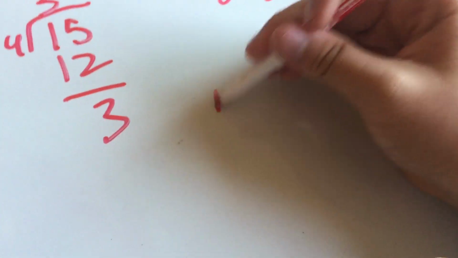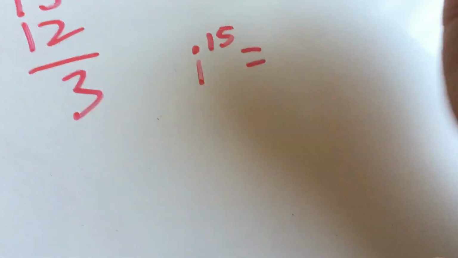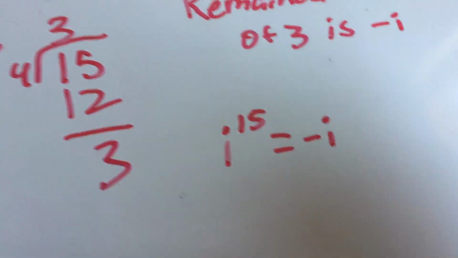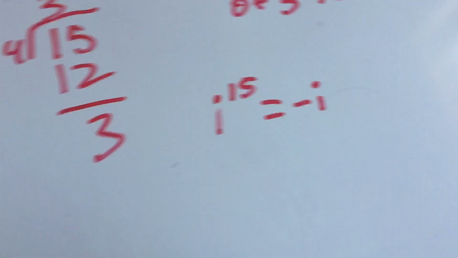So i to the 15 equals negative i. That was just an example.